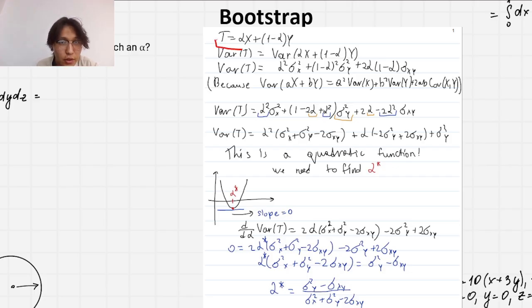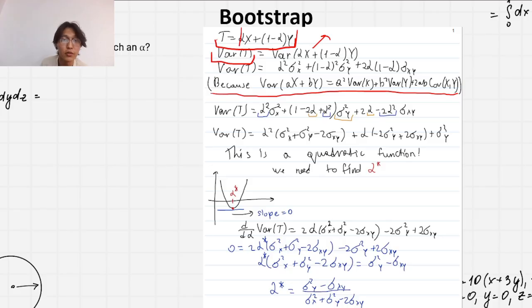So the temperature is this equation. Then we know that the variance of t is actually the variance of this whole expression. So how do we actually expand these brackets? Well, we have this formula from statistics, and we can actually expand it.